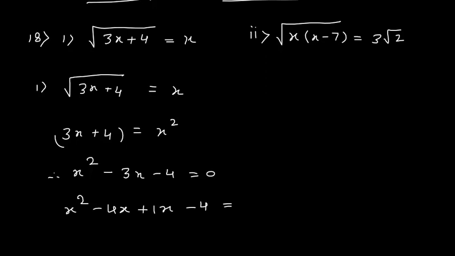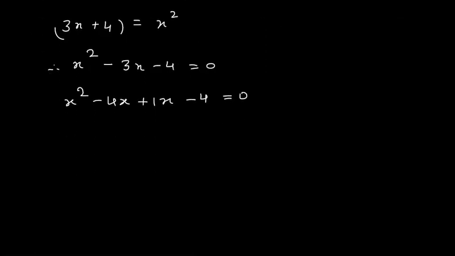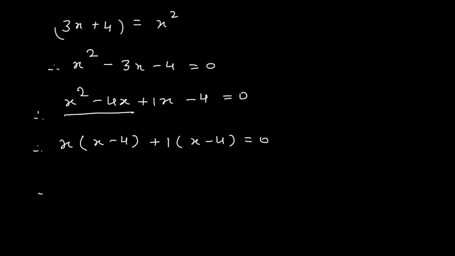Many problems we have done like this. Now here we will take x common. So I take x common, so it is x minus 4, plus I will take 1, so it is x minus 4. This is equal to 0. So we have x minus 4 in one bracket and x plus 1 in the other bracket.